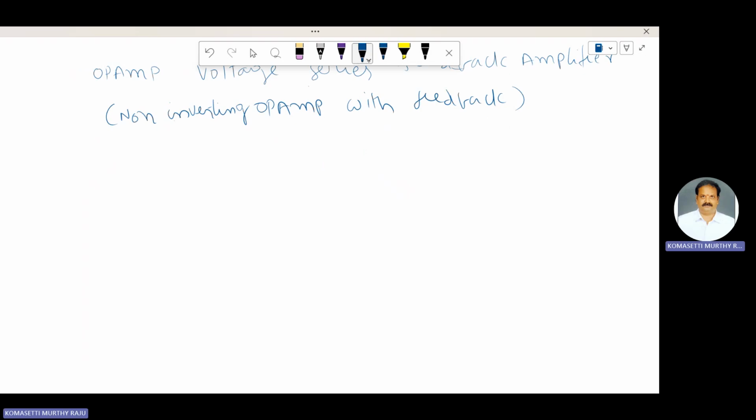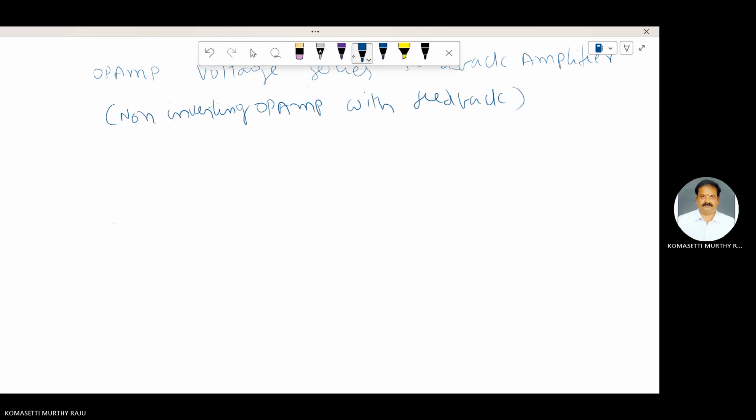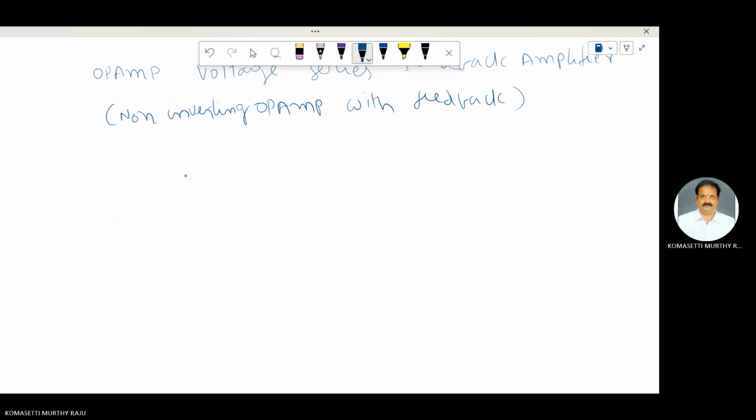Here, first of all, you have to draw the circuit diagram related to this one. See the Opamp with open loop gain A. This one is the non-inverting terminal, plus, and the inverting terminal is minus. Vin is applied to the non-inverting terminal of the Opamp.